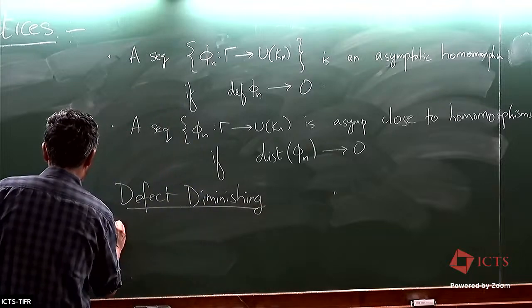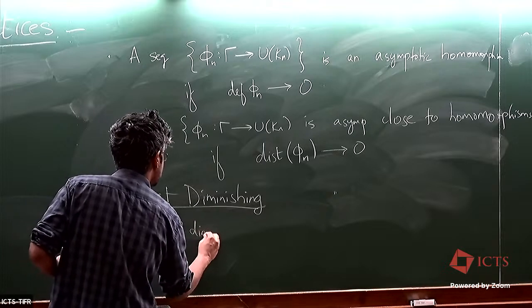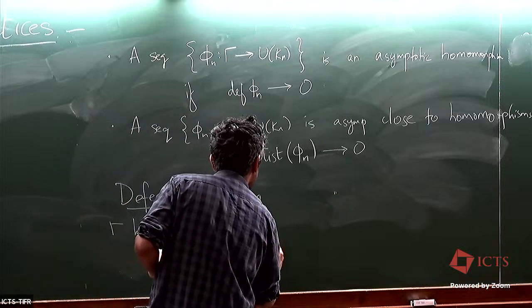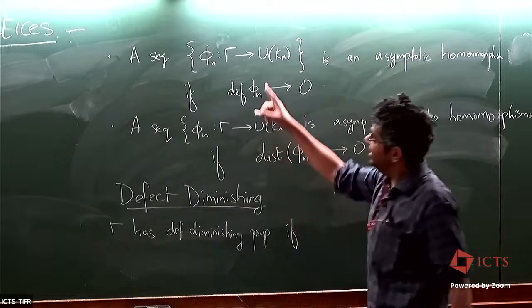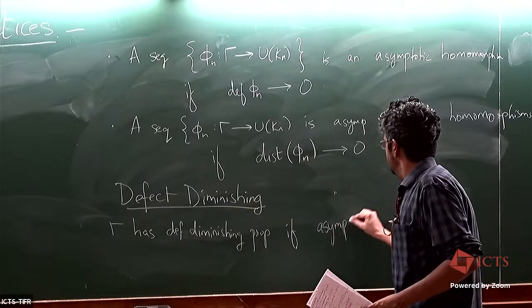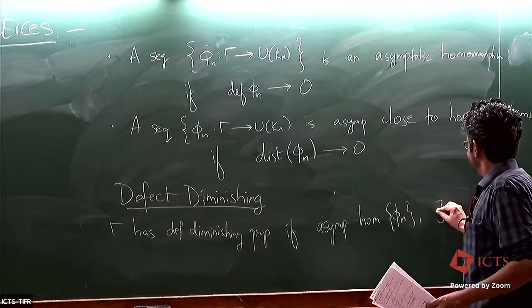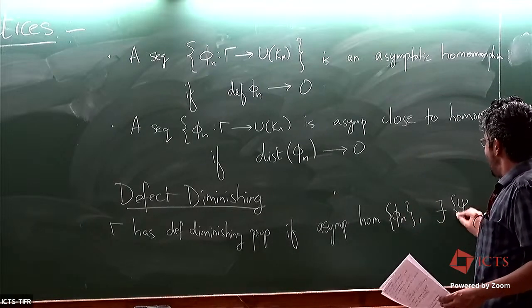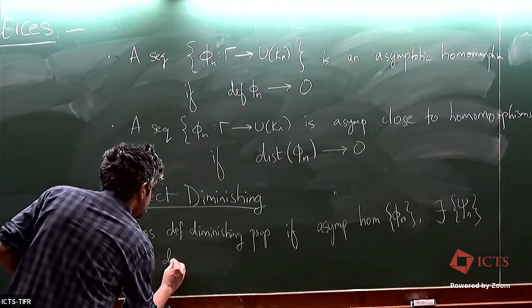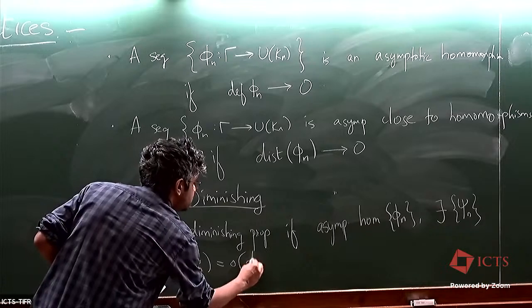That is, gamma has a defect diminishing property if for any asymptotic homomorphism phi n, there exists some set of maps psi n such that the defect of psi n is much smaller than the defect of phi n.